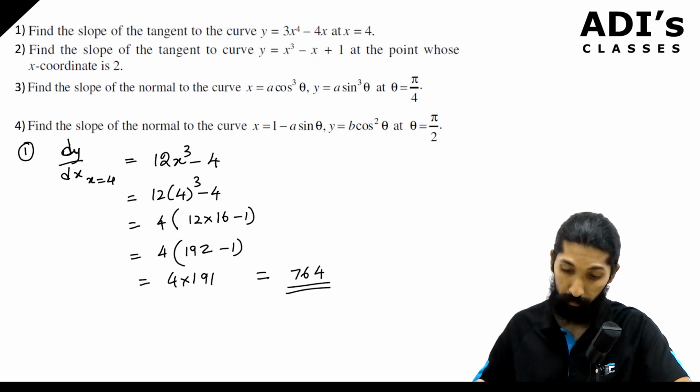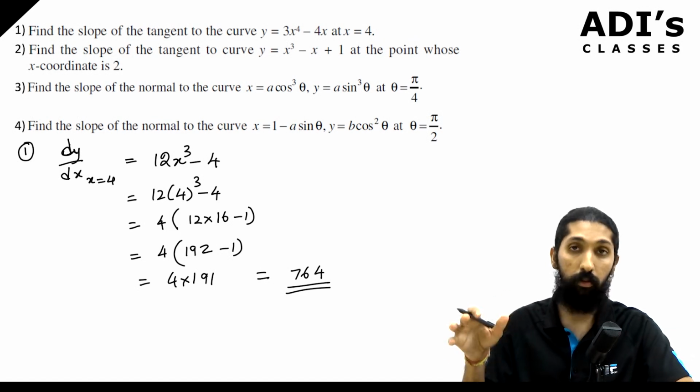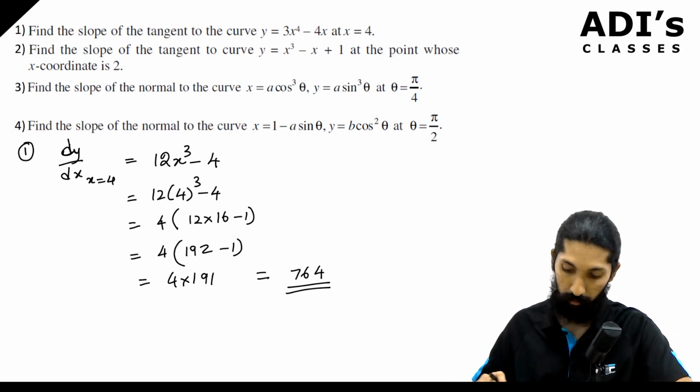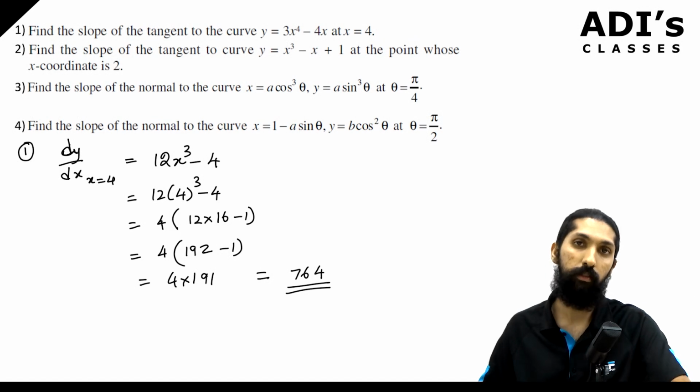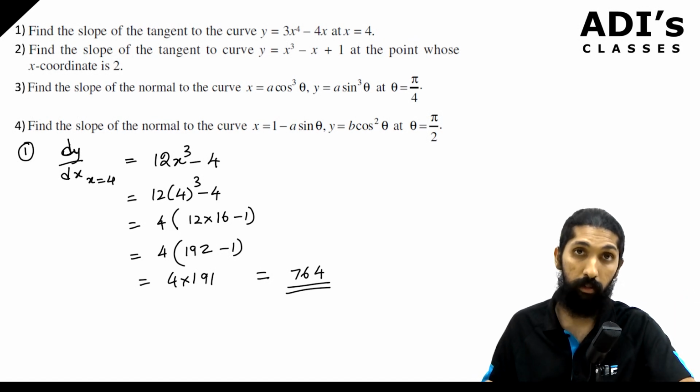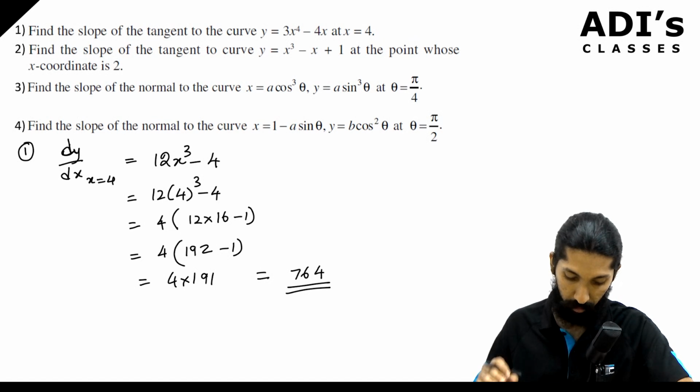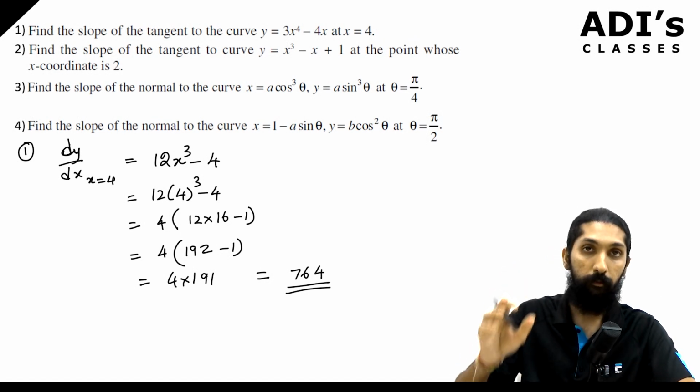So the slope of the tangent at x is equal to 4 for this curve is 764. It's quite high, actually. All right, so this is the answer for the first one.